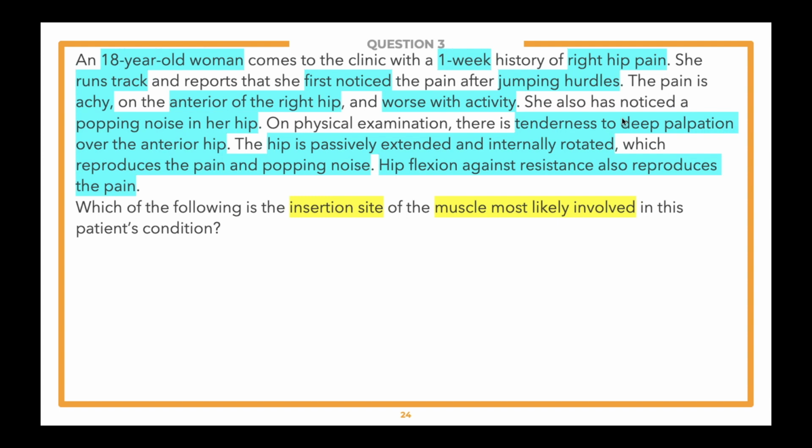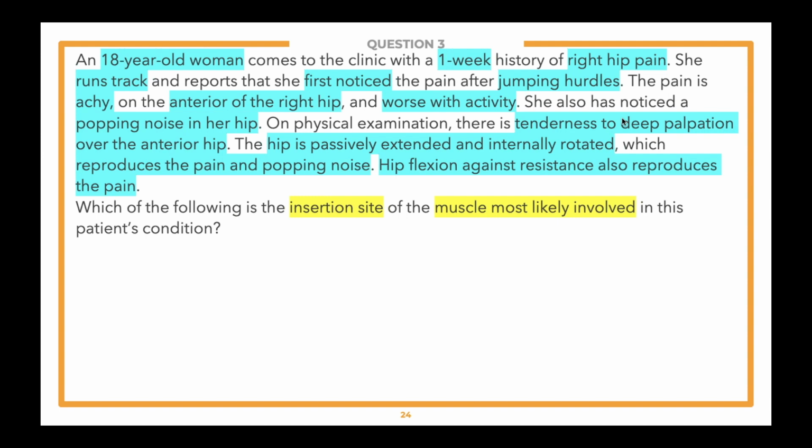Whenever they tell you about a sport she plays or a job they have, you definitely want to make note of that because that could help you figure out what's going on. Specifically, they give us some information about where the pain is, where there's tenderness, and physical exam maneuvers that cause pain and also a popping noise. You definitely want to make note of that because, like we said, you're oftentimes going to have to piece these together to come up with a diagnosis.